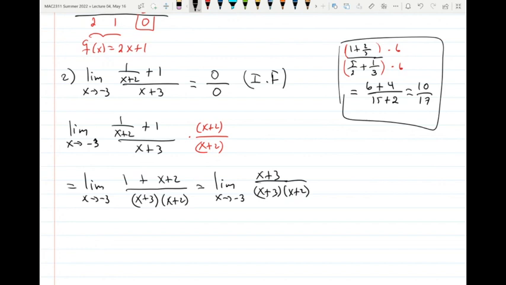If this was a 3, then my answer would have been 0. So this 0 down here is a problem. And who is responsible for that 0? This x plus 3. So I need to cancel this with something no matter what. Therefore, I don't want to multiply, because I want to leave it as a factor, since the hope is that we should be able to cancel this with something from the top. That's why I didn't FOIL this.